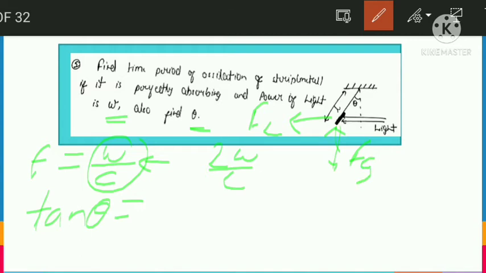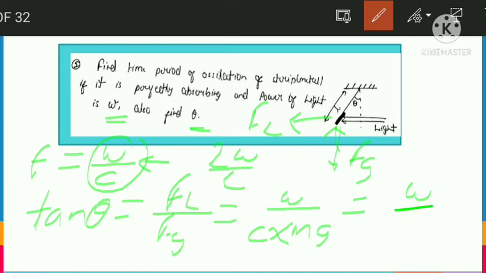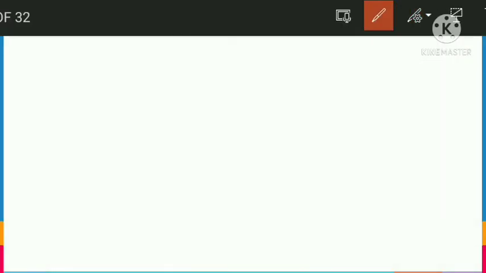So tan theta will be equal to F due to light upon F due to gravity. We have got W by c, and gravity mg. This simply comes to W upon m g c. This is the value of tan theta. So theta will be equal to tan inverse of W upon m g c.